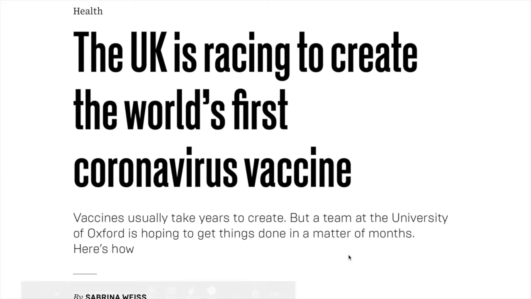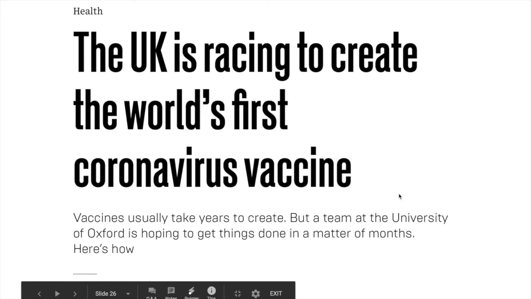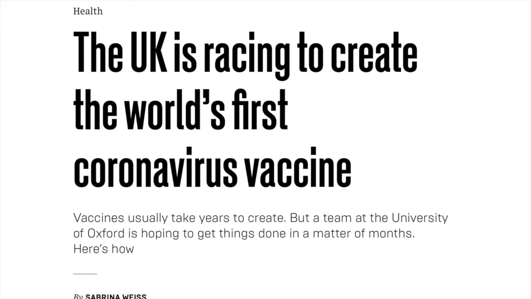But it is going to take, even from this point, a little while to get it out to the world, to make sure everyone is safe. It's got to go through lots of stages of testing, which we'll look at more next lesson. And then it would be about making sure that absolutely every person has had the vaccine, or at least the vast majority of people have had the vaccine.